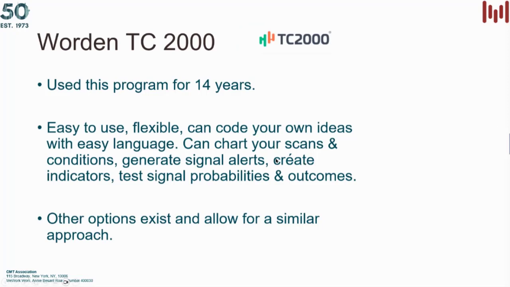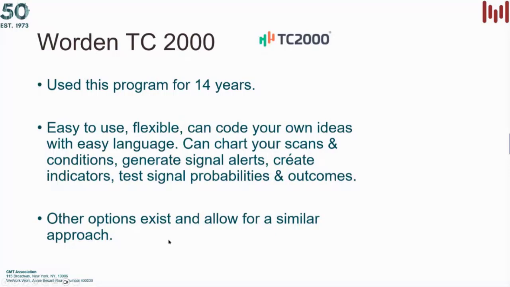So the examples I'm going to show you are using a charting platform called TC2000 from Worden. I've used this program for 14 years. I like it a lot. It's easy to use. It's flexible. You can code your own ideas with EasyLanguage. You can chart scans and conditions, generate signal alerts, create indicators, test signal probabilities and outcomes.